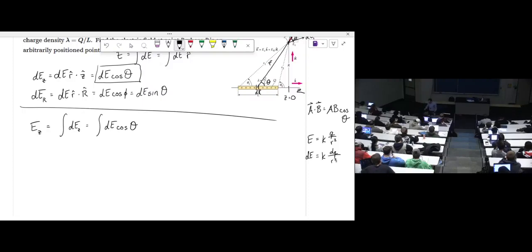And so this is where we have to consider those three different types of differential elements. We said that dq, depending on the geometry, could be lambda dl, or it could be sigma dA, or it could be rho times dV.